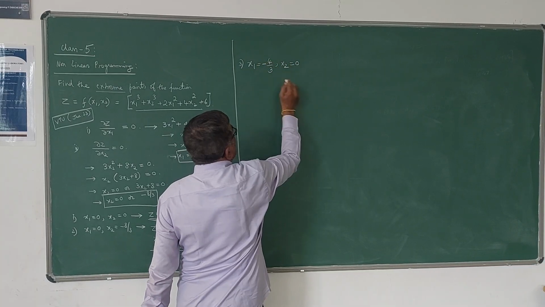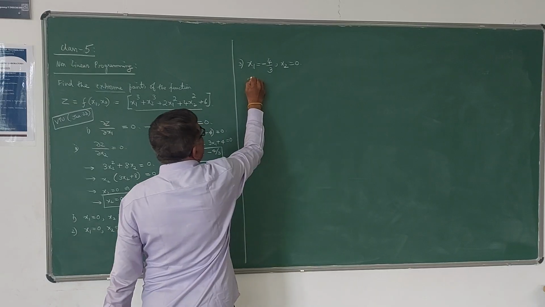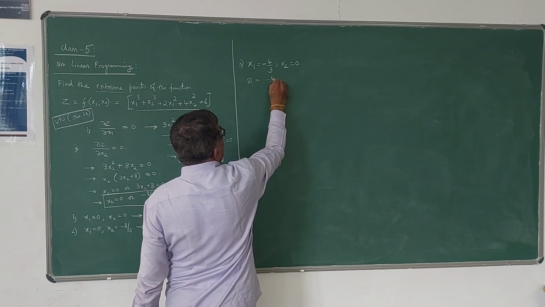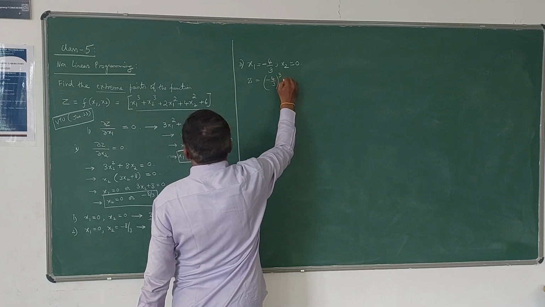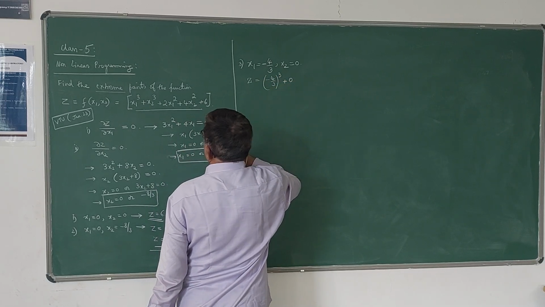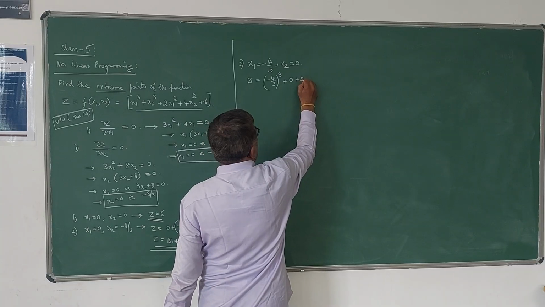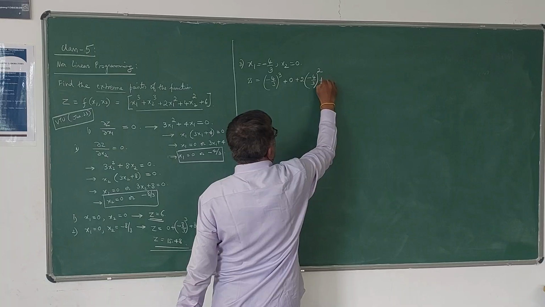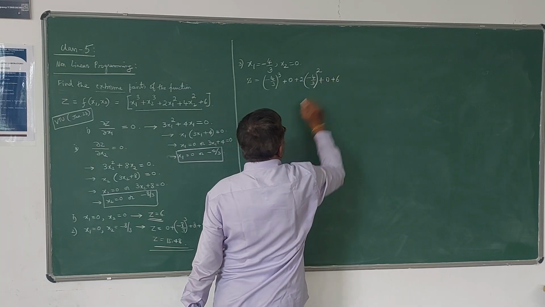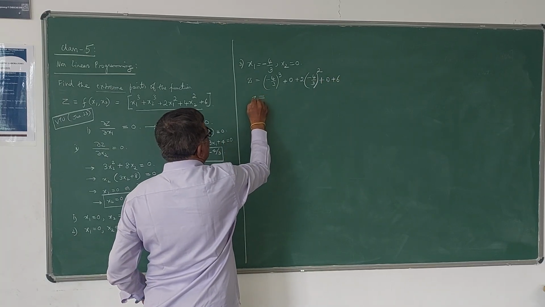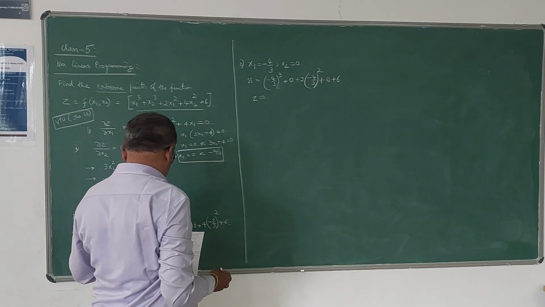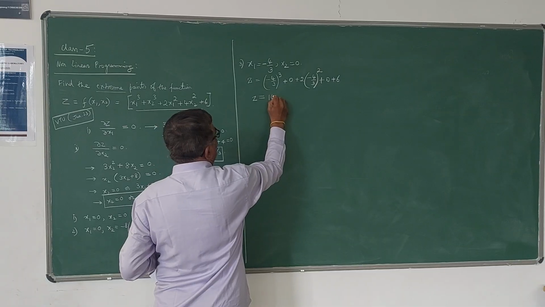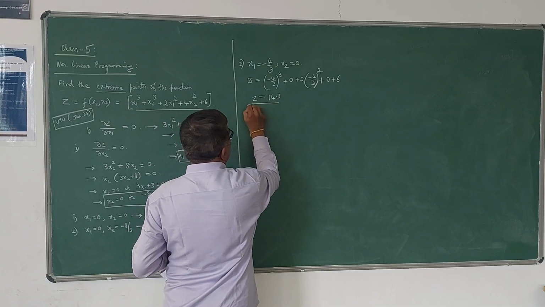In this case, the value of z becomes minus 4 by 3 whole cube, plus x2 cube which becomes 0, plus 2 times minus 4 by 3 whole square, plus 4x2 square which is again 0, plus 6. If you simplify this, you are going to get the value of z as 14.3. This is the third value of z.